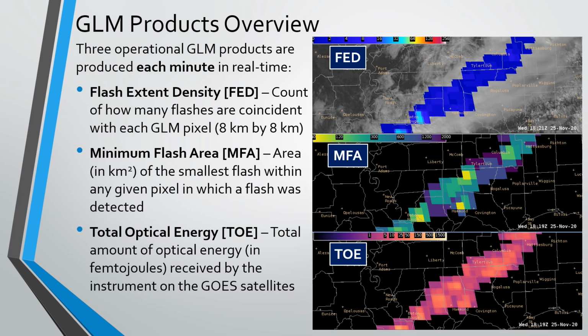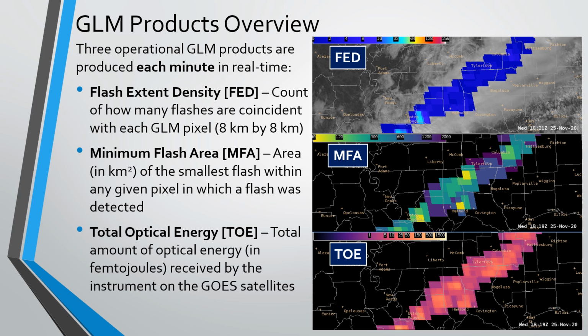To go over those gridded products one more time, there are 3 products which are created from the GLM, which are produced each minute as level 3 data. These products are flash extent density, or FED, which shows a count of how many flashes are coincident within each GLM pixel, which is about 8 kilometers by 8 kilometers. The next is minimum flash area, which is the area in kilometers squared of the smallest flash within any given pixel in which a flash was detected.